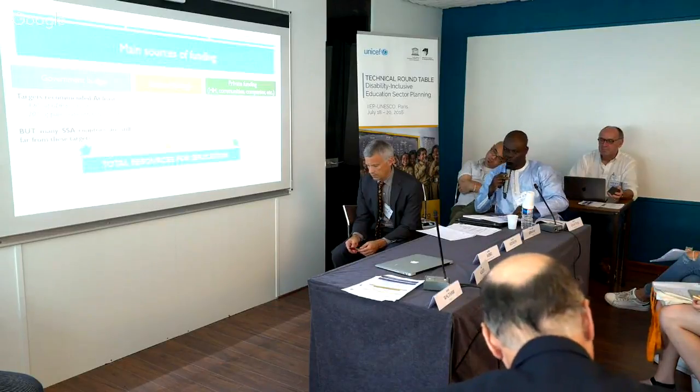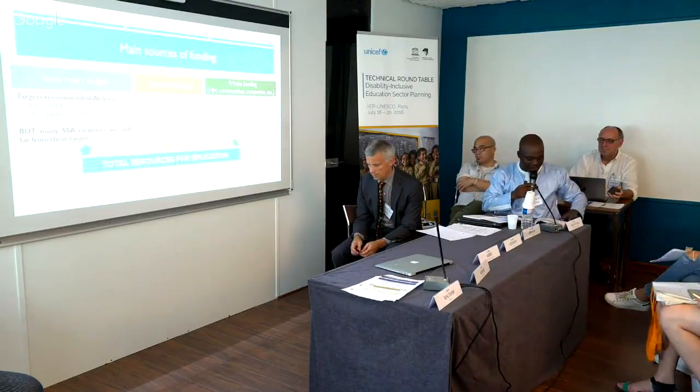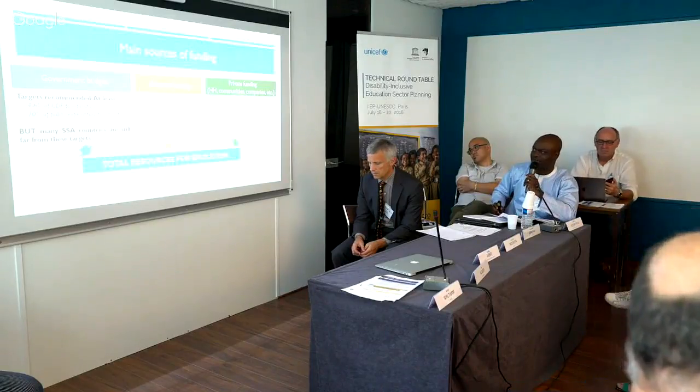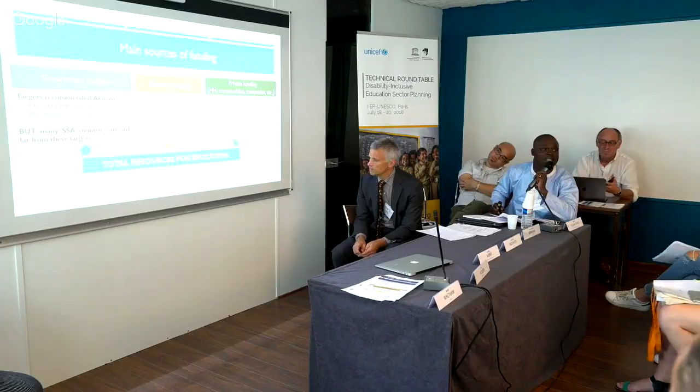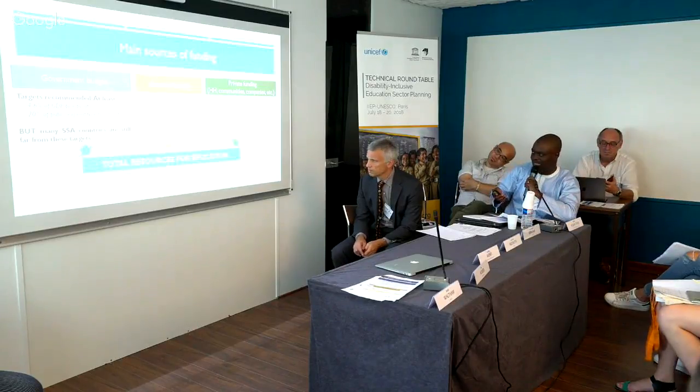What is the situation? Regarding the government budget, it is recommended that governments spend 4 to 6% of GDP on education. But the situation is many sub-Saharan African countries are still far from this target. So we have a problem there.